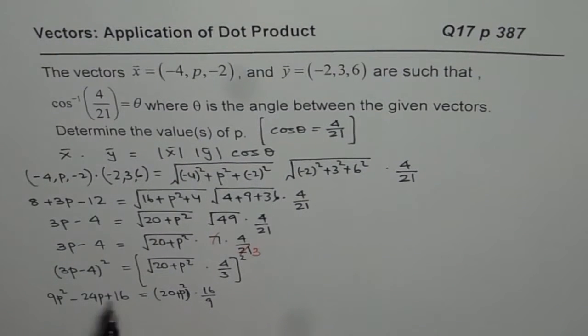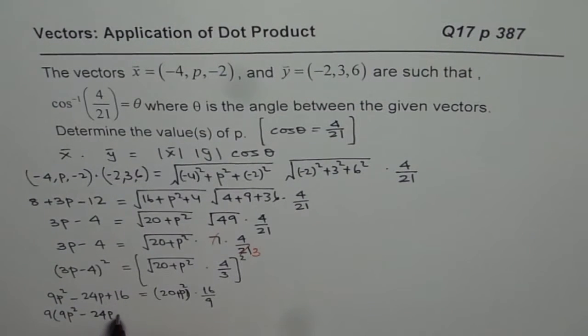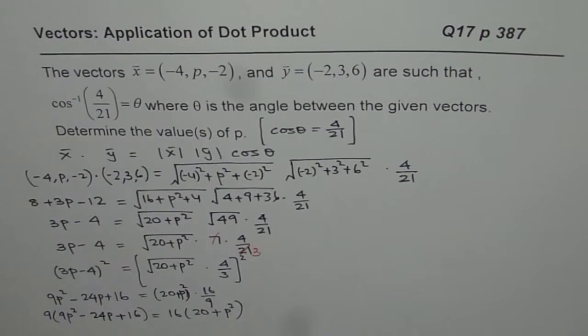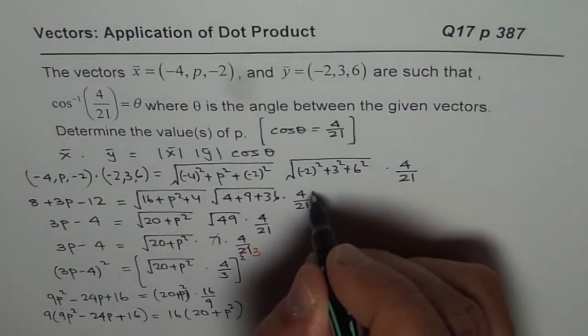We can multiply by 9 to get rid of fractions. So we get 9 times 9p squared minus 24p plus 16 equals 16 times 20 plus p squared. So that is the equation which we need to solve.